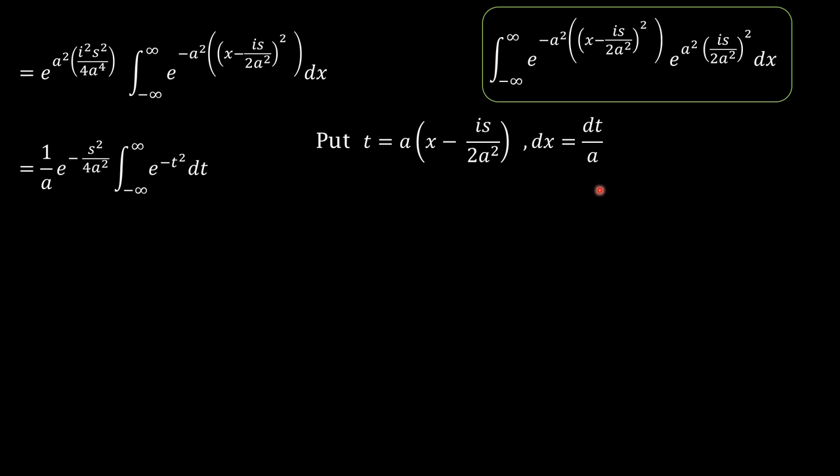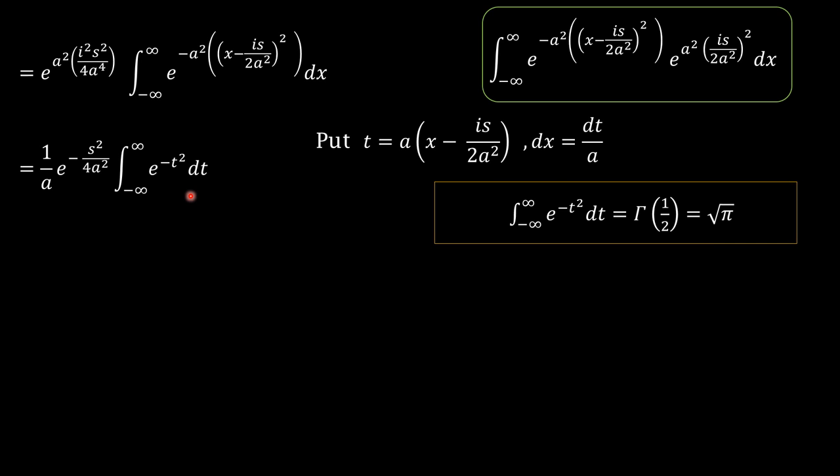So the above equation changes to the form. Just observe over here, i square is nothing but minus 1, so it is minus a square by 4 into a to the power 4, which is 4a square, and dx is replaced by dt by a, and the 1 by a I have taken outside the integral, so that the integration is of the form e to the power minus t square dt, where the limits are varying from minus infinity to infinity.